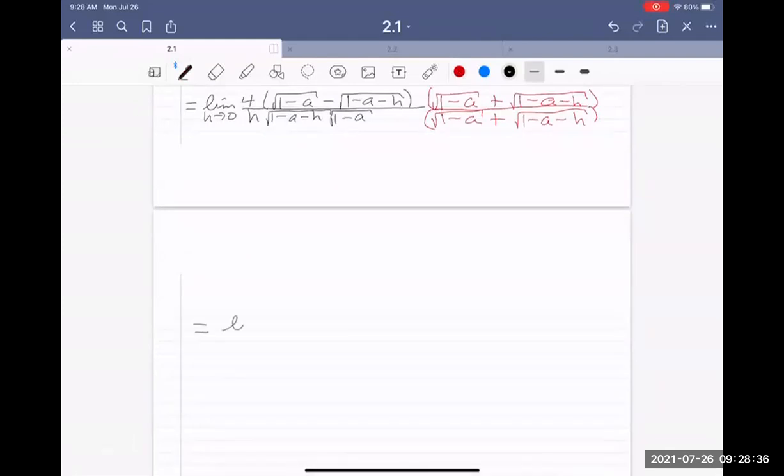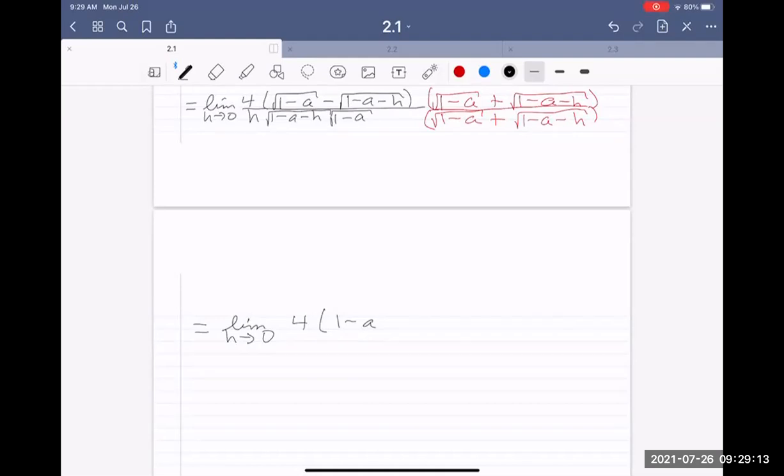the limit as h approaches 0 of 4 times the 1 minus a's cancel, the radicals cancel, so I just get 1 minus a. The radicals cancel, so I just get a negative times the quantity 1 minus a minus h. So the minuses cancel.